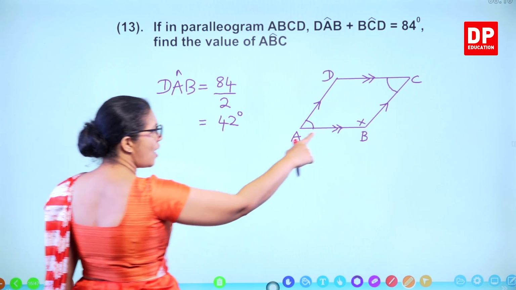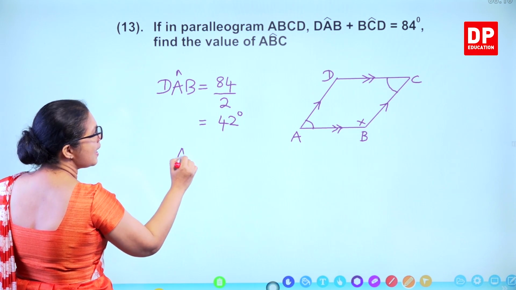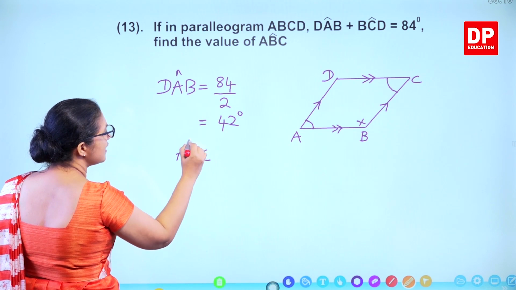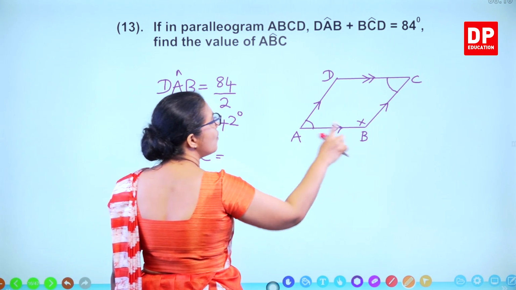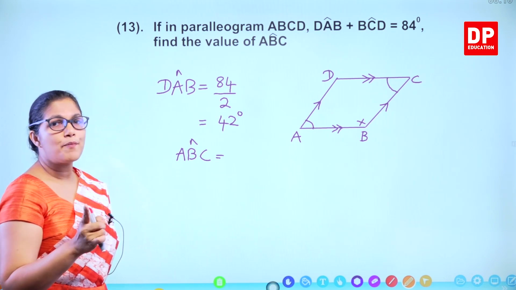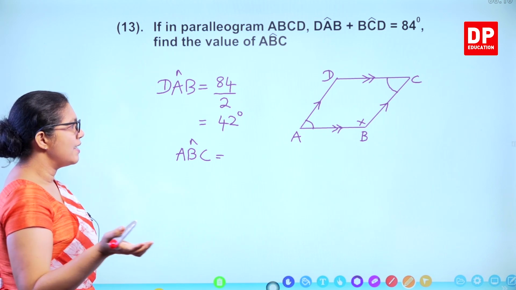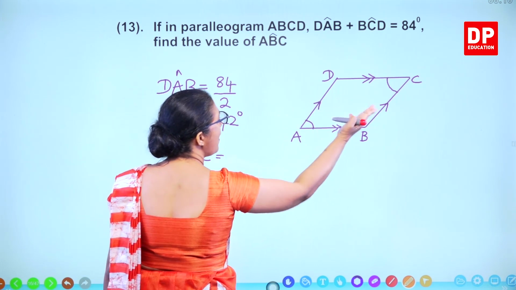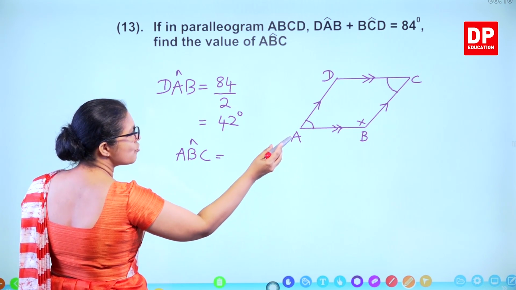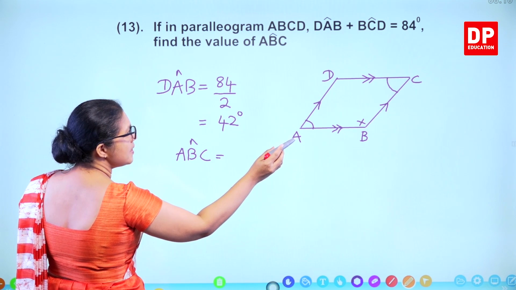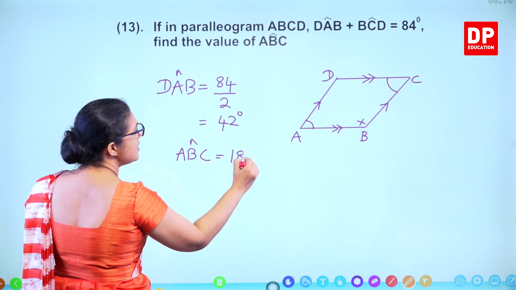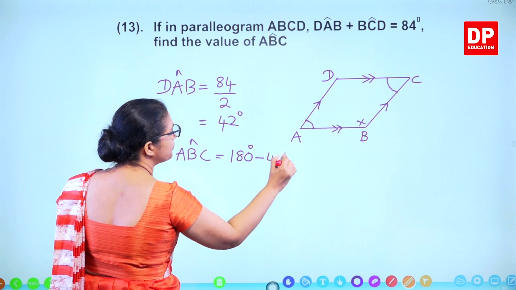Then how you find out this angle? ABC angle. We know allied angles add up to 180, supplementary, because these two lines are parallel. So you can straight away write down ABC angle is 180 minus 42.